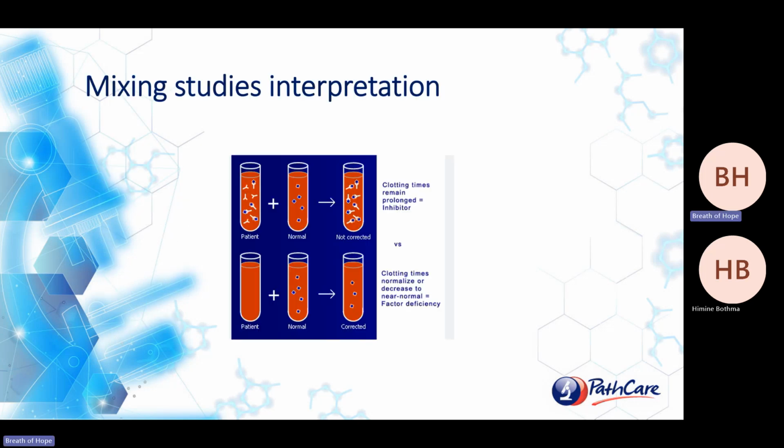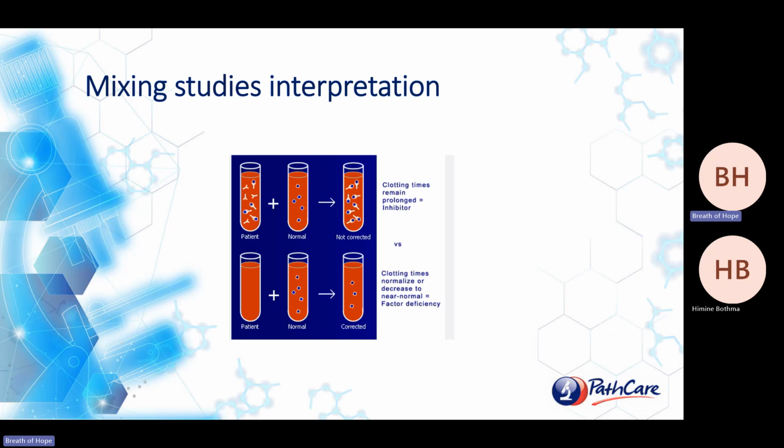Okay, I've mentioned mixing studies, and I just wanted to chat about it because it's a very easy, quick, and cheap way to pick up inhibitors in a patient. So whether it's a hemophilia patient with inhibitors or antiphospholipid syndrome. So I just want to go through the principle of mixing studies. So it's basically still a PTT test.